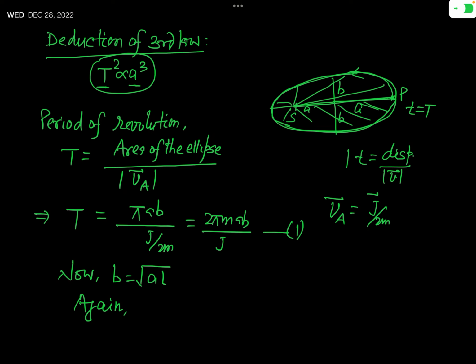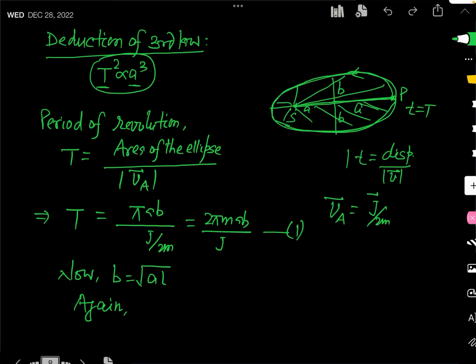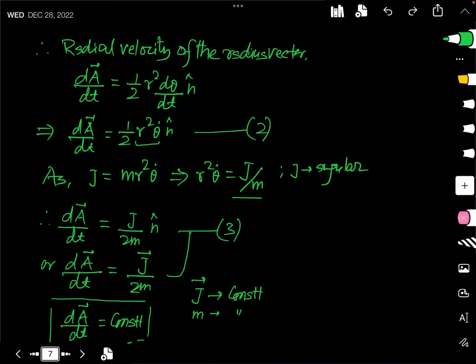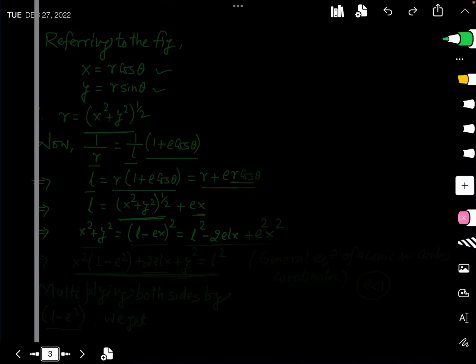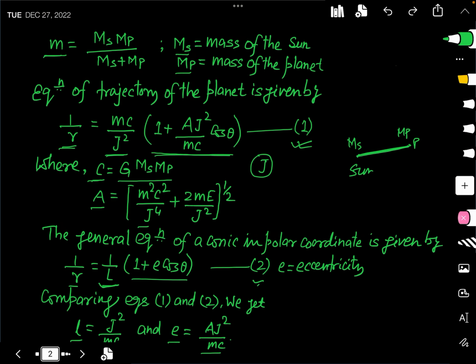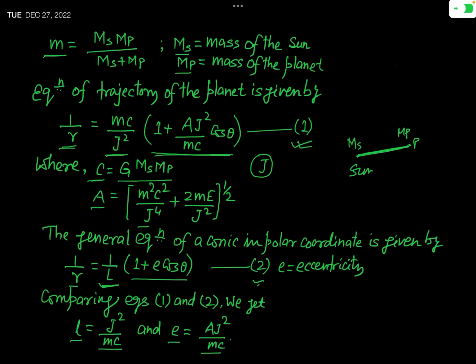Again, when we wrote the equation of the trajectory, you saw that the constant L is related to J. See here, L equals J square over MC. Okay.